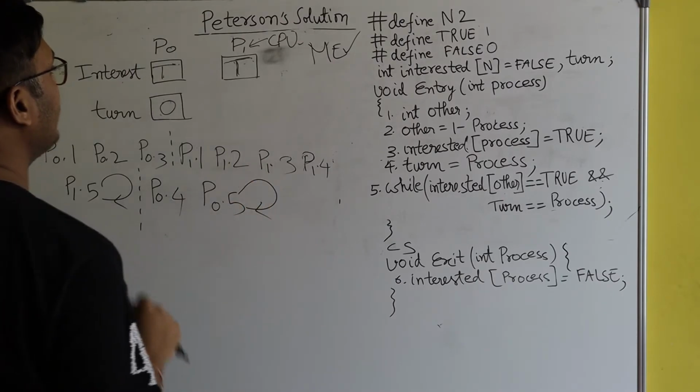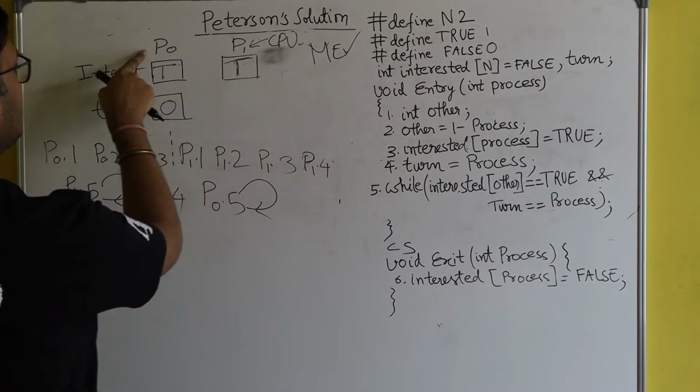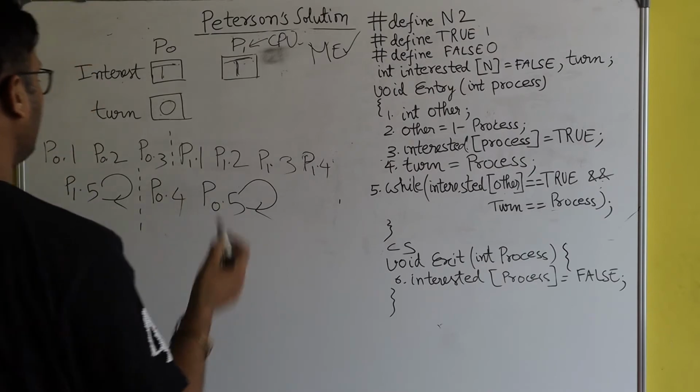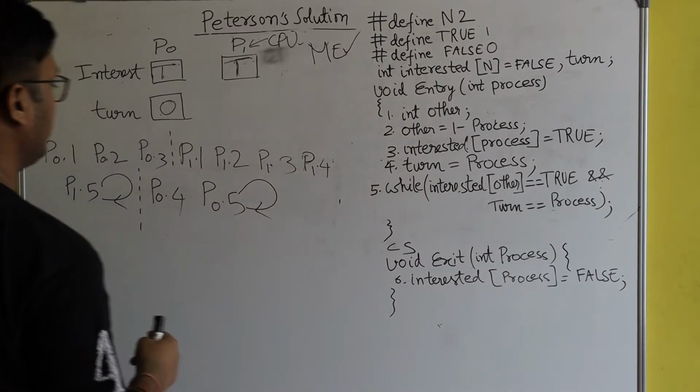So now let's see what will happen. Since the CPU is given to process P1, other is P0 and process is P1. So here you see what will happen. P1 was executing line number 5. Now you see what will happen.